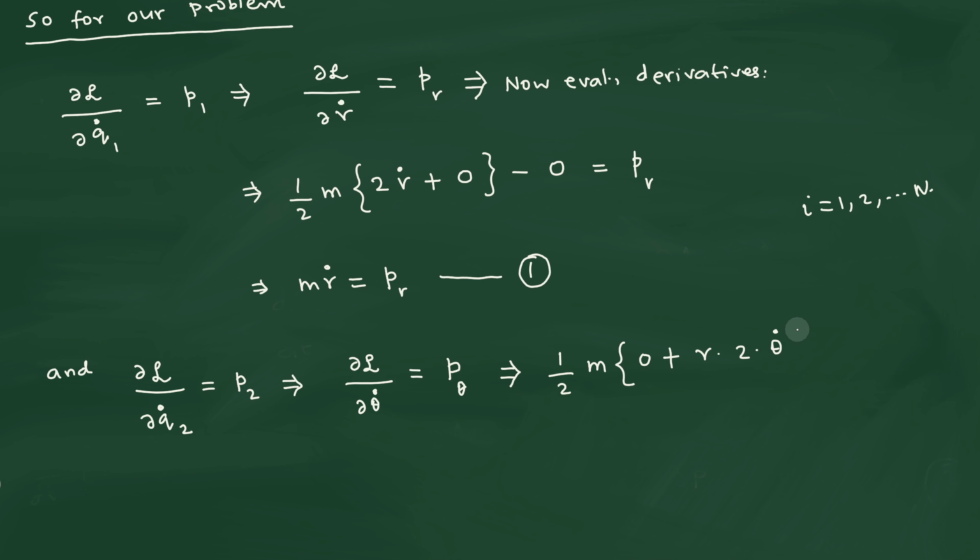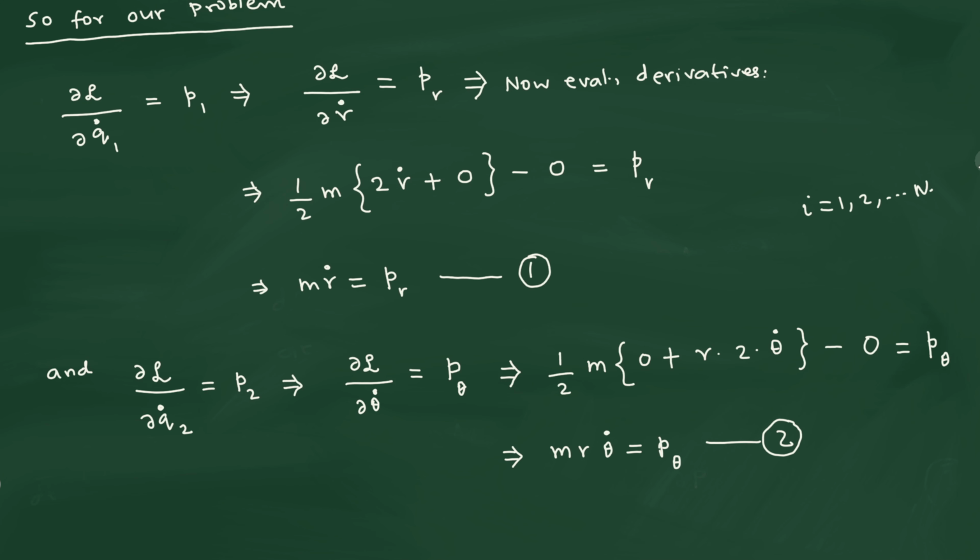Is it okay? Then minus k times r, whose differentiation will give you 0. If you simplify, this expression is the p_θ. Then simplifying this, the 2 gets cancelled. We will be getting m r² θ̇, that will be equal to p_θ. So this is your second equation.